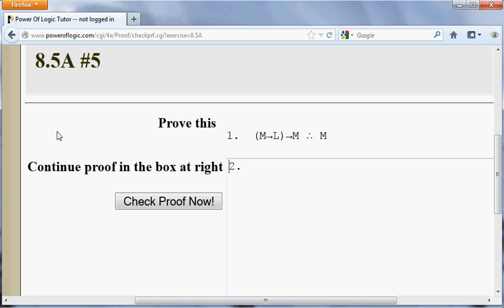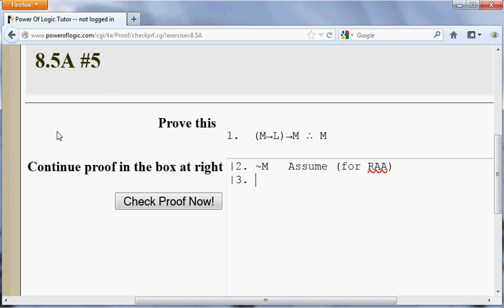So I'm going to go back and make an assumption. My conclusion is M. What do I want to assume? Well, the opposite. Do the opposite, not M. Okay, that's assume for RAA. That's really about the only thing you could do here, unless you want to get fancy with equivalence rules, which is possible.